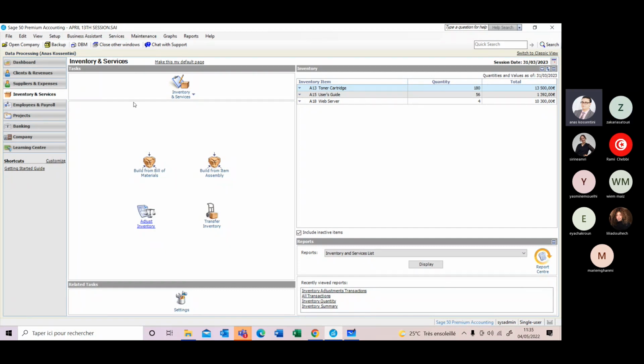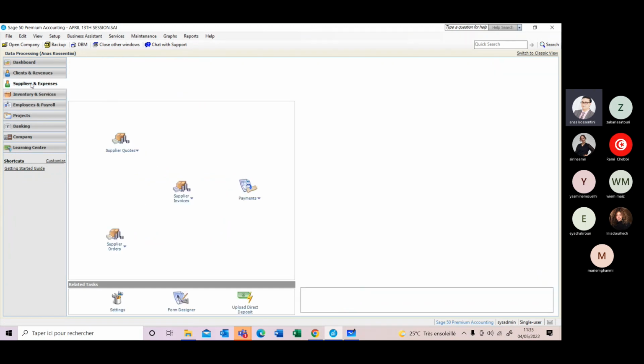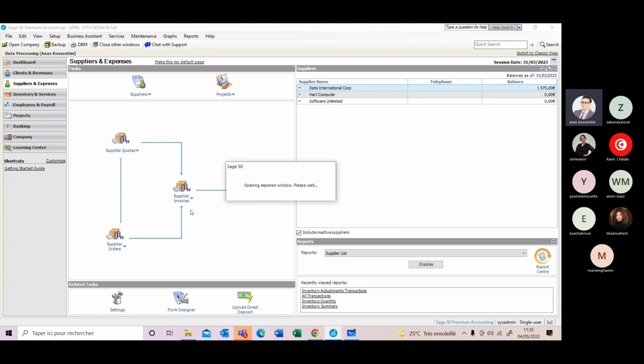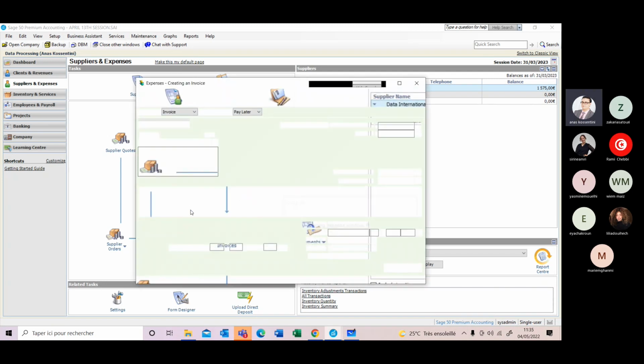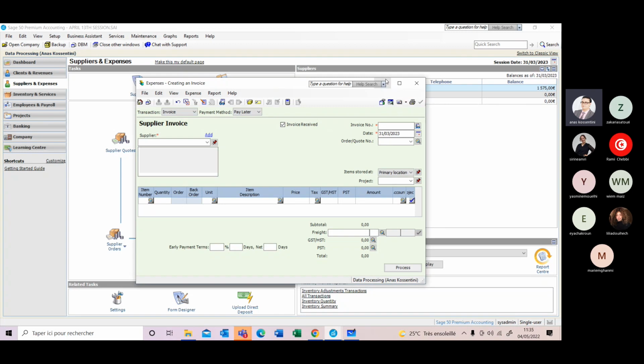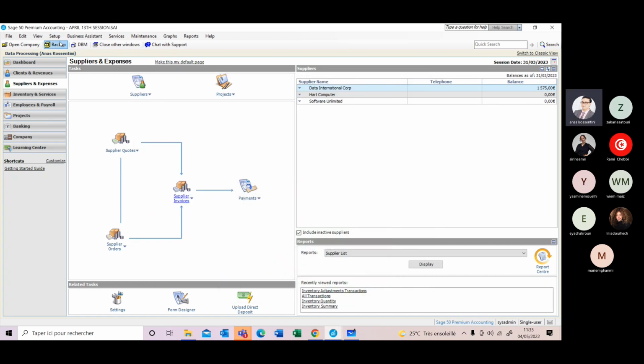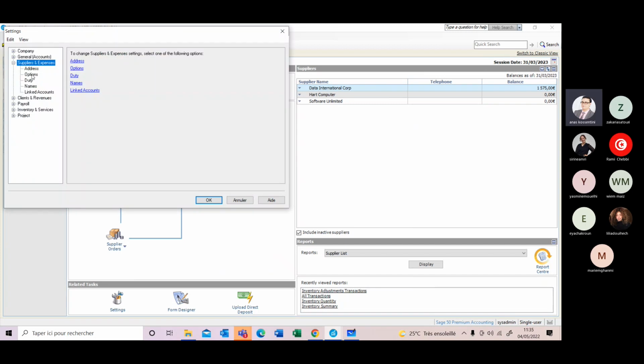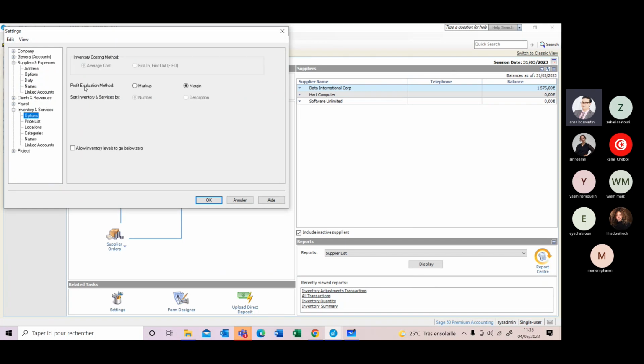Usually, guys, if you find the situation where the options are gray, let me give you an example so you understand me better. Say I go to suppliers and expenses to create an invoice. I'd like to show you what happened to him. I have this window open to enter an invoice, right? So let's go to setup settings. Under inventory and services options you find it gray.